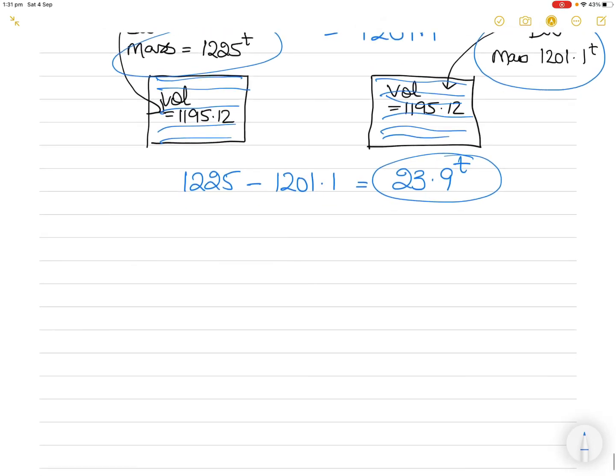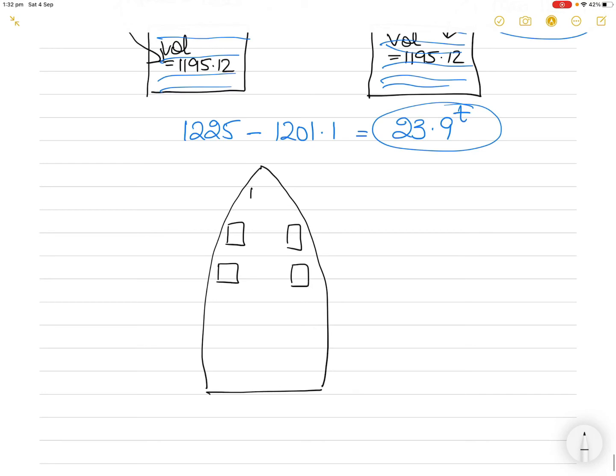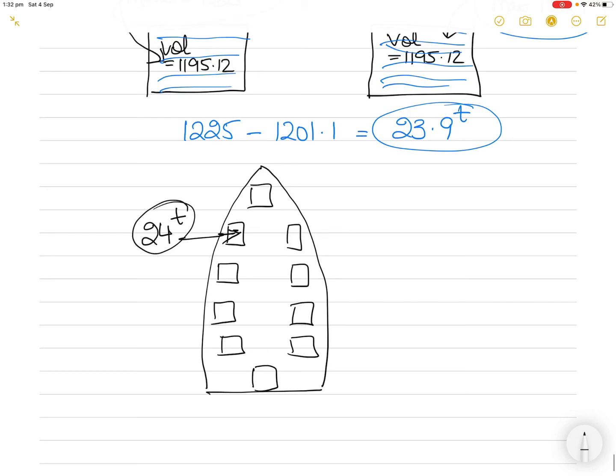This is in one tank. Now imagine that there is a ship here, and it has tanks on either side, port, starboard, maybe a forepeak tank, an aft peak tank, and tanks everywhere. Only in one tank, when I change the density of the water, the difference was 24 tons. 24 tons is considerable when it comes to any kind of list or trim calculations.